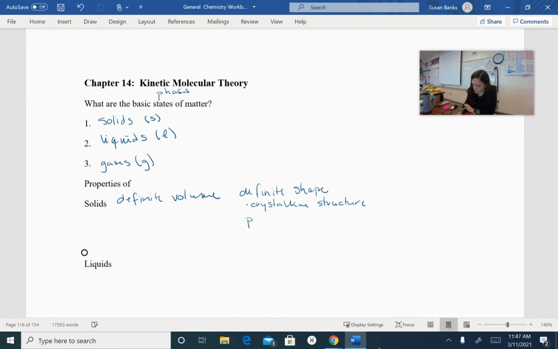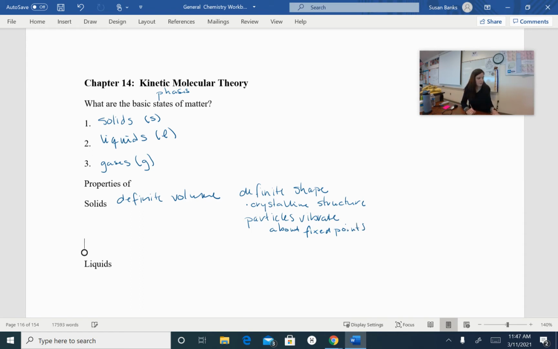So the particles, being it molecules or atoms or ions, those particles vibrate around or about fixed points. Okay?